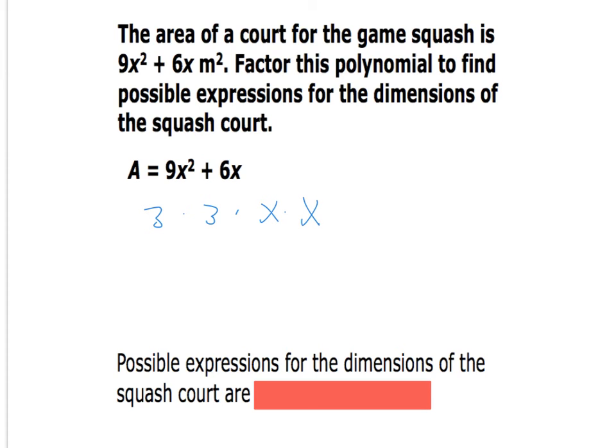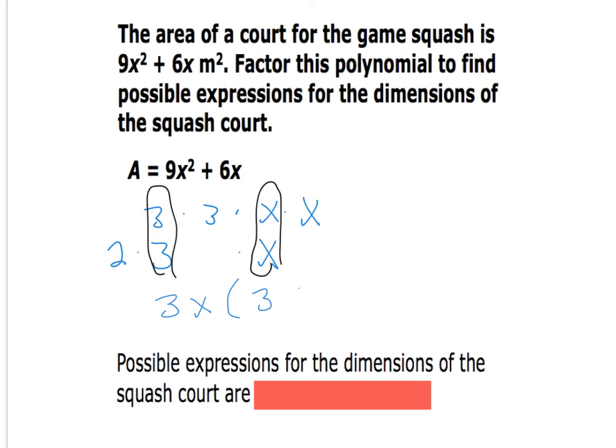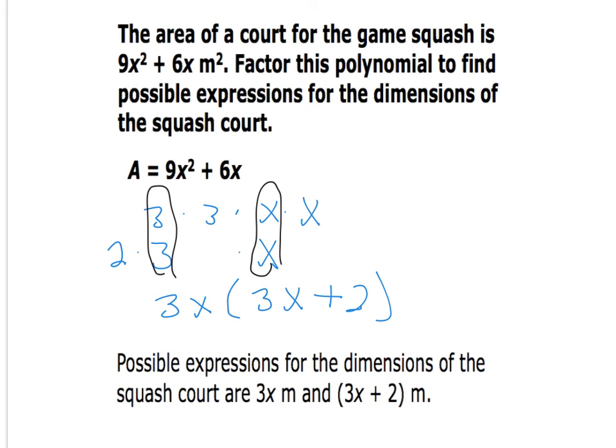And the 6x is going to be 2 times 3 times x. So what's common? Well, we have a 3 common, and I have an x common. So my greatest common factor is going to be 3x, leaving me with a 3x plus 2 inside. So our possible dimensions are going to be 3x meters by 3x plus 2 meters.